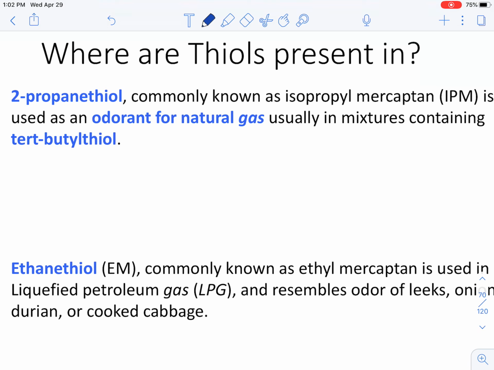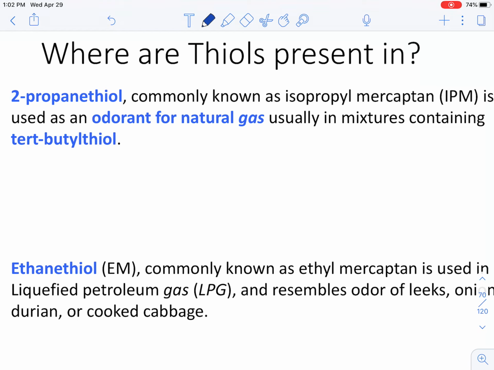One common industrial use for organic compounds that contain a sulfhydryl group is signaling a potential gas leak. Propane in itself, so for example, summer's coming up, people tend to want to go outside, barbecue, etc. If you guys are using propane to barbecue your meat, propane itself is odorless.